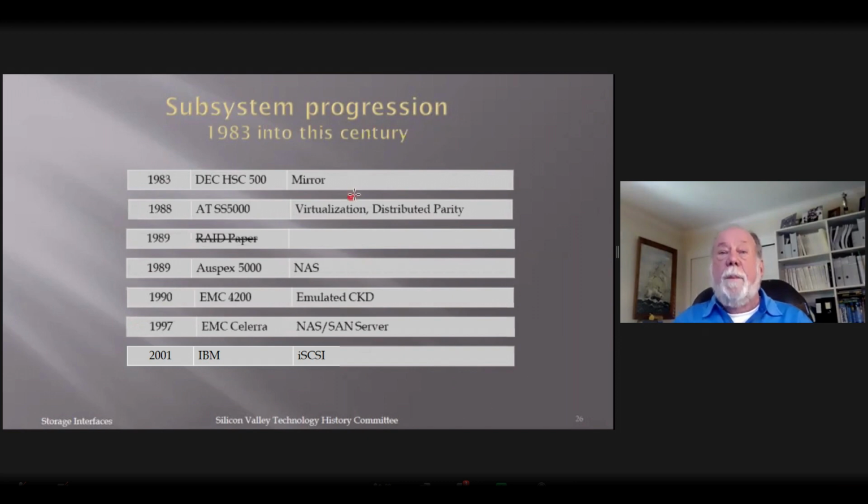The 6 technologies were mirroring, first by DEC, and then virtualization and distributed parity, probably first by Array Technology. Auspex introduced NAS. EMC came along with emulated CKD. And then EMC put a NAS head on a SAN server, and IBM brought us iSCSI.